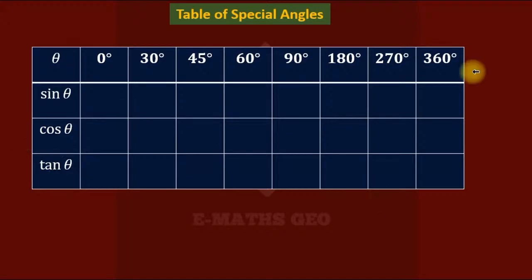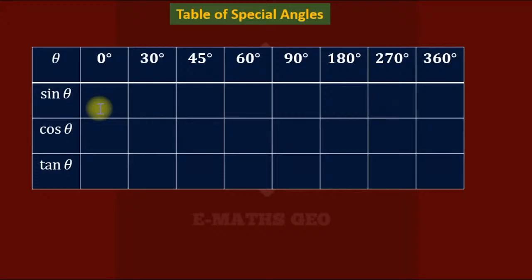But there are also special angles that are not here, like 120. 120 and 60 are the same thing, so we didn't bother to add it to the table. So here is how I memorized this over the years when I was still in high school, in senior secondary 1.